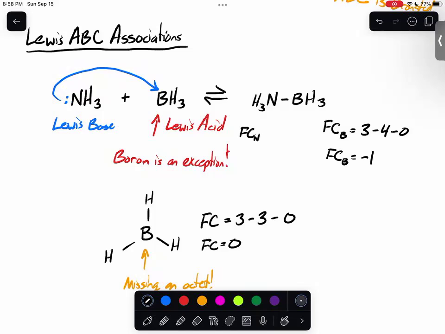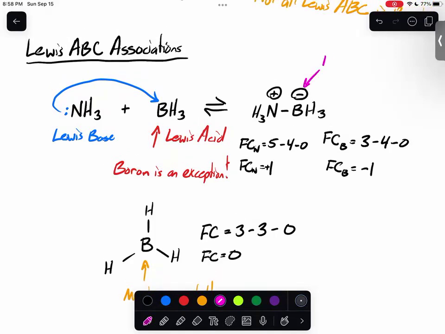It wants five and now has four bonds and zero lone pairs around it, so the formal charge of our nitrogen is +1. So we form this association complex that has charges, and this is technically stable due to the filled octet of boron.